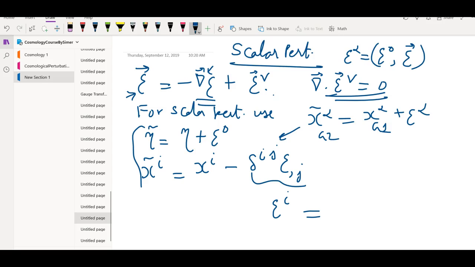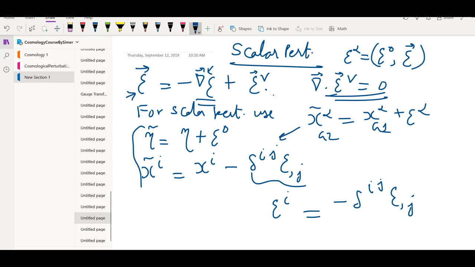Gradient is written in terms of gradient. This is xi I, the scalarless part of xi, and this is the curless part of xi.